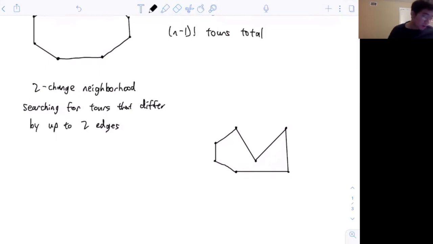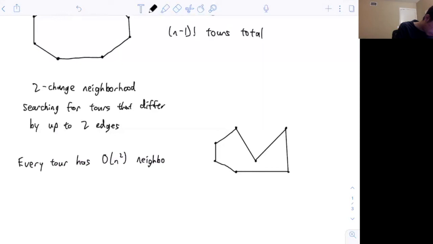The nice thing about having a small neighborhood, a two-change neighborhood, is that each iteration is pretty fast. We can see that every tour has O(n^2) neighbors.